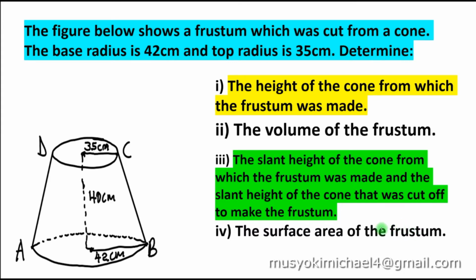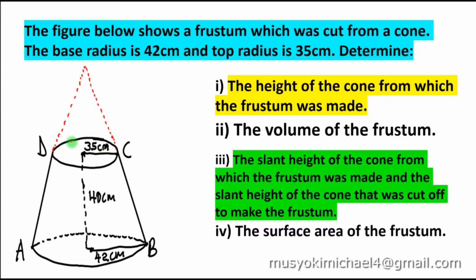Now, to begin with, this is a frustum that we have been given in this particular question, and therefore we need to find the height of the cone from which the frustum was made. For us to be able to find that, we need to draw that part of the frustum that was cut.